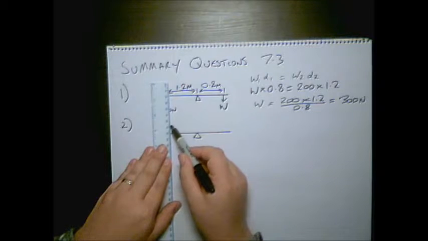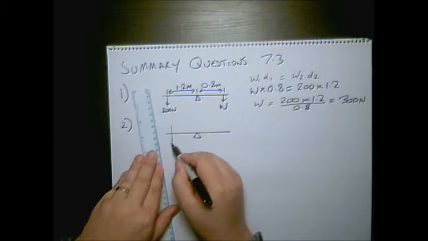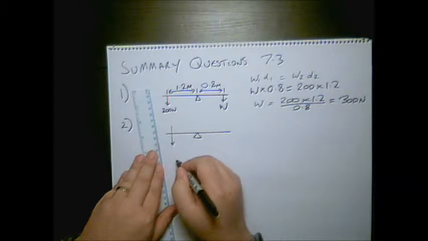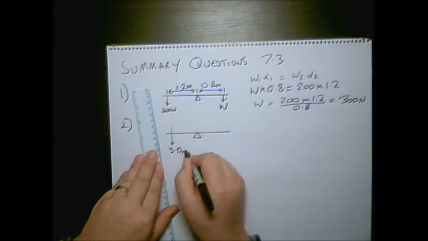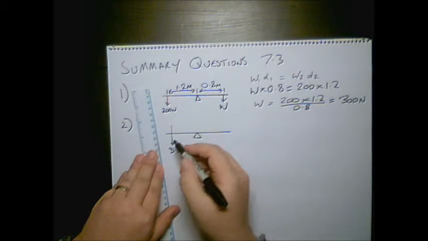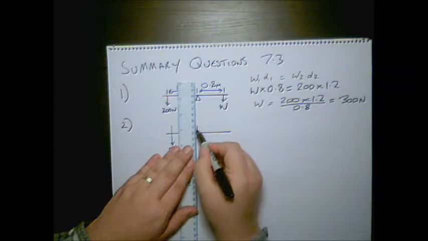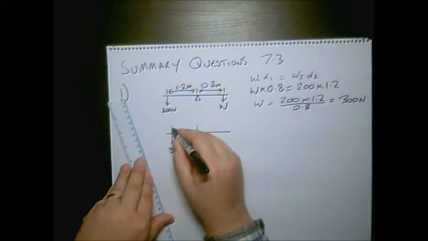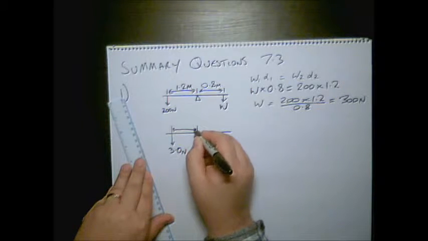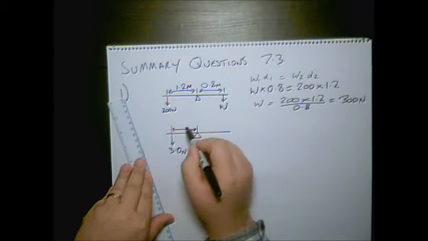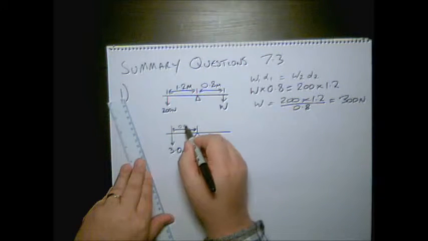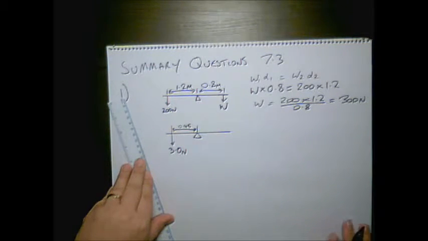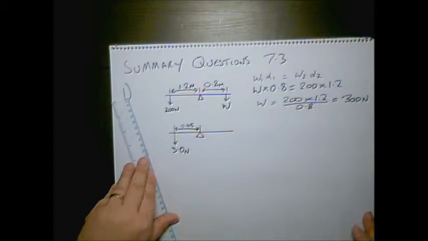So we've got a weight there, 3 newtons, and between there and there will be 50 take away the 5, which is 0.45. I'm not sure if that's going to be quite big enough for the screen, but we'll put the numbers bigger when we put them here.